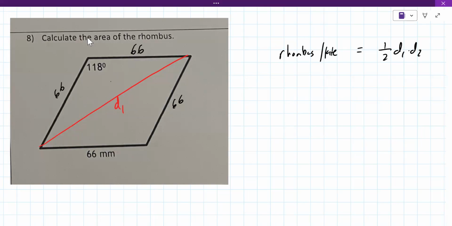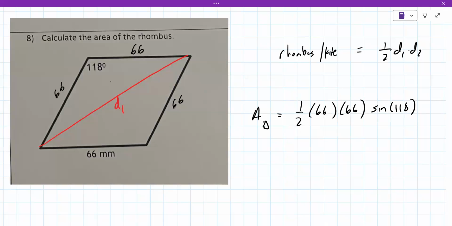So if you find the area of the top triangle, 1/2 times 66 times 66 times sine 118, you can similarly double it to find the area of the other. It feels a little bit like we're doing a shortcut here. I mean, you could do this a couple of other ways as well. You could literally find diagonal 1, then use another related formula to find diagonal 2, and then use this one.